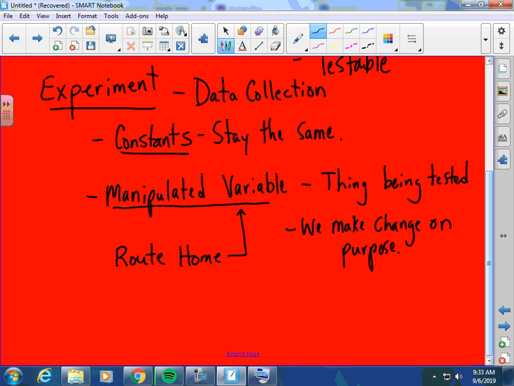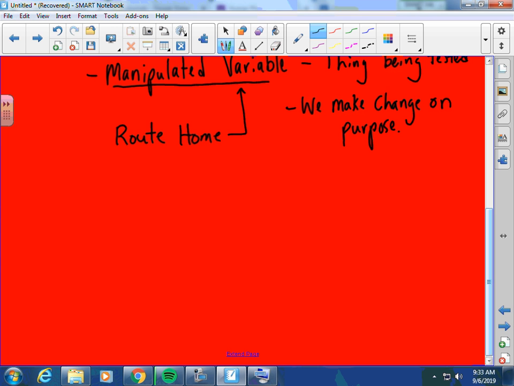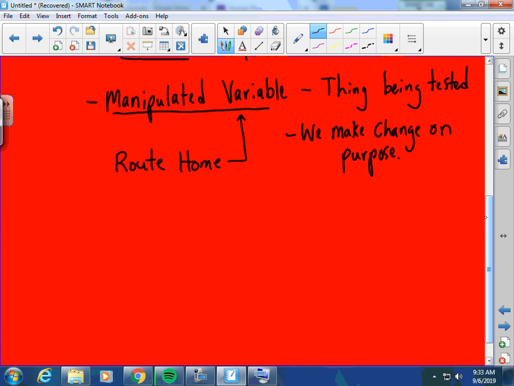Now, what are the chances that each way I take is going to be exactly the same amount of time? Probably not that good. So something else that might change as a result is called the dependent variable.